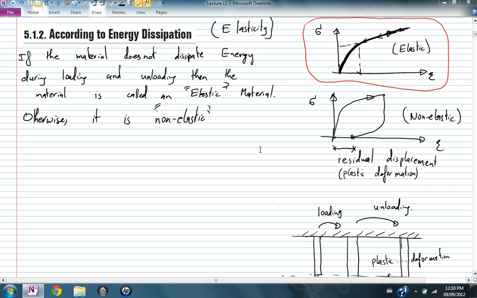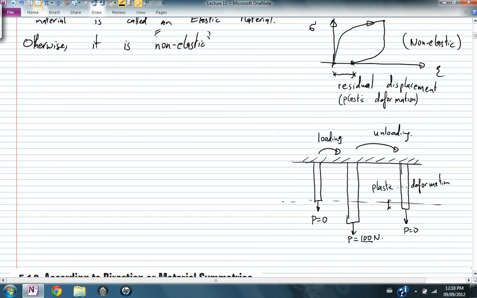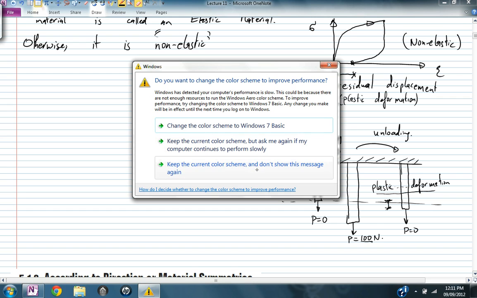Usually when the material dissipates energy, this energy goes into the material in the form of some damage inside the material. You could be heating the material up and damaging some of the molecules, or you could be damaging some of the connections inside the material, such that at the end, after unloading, you have some plastic deformation, which means you have added some damage to that material.